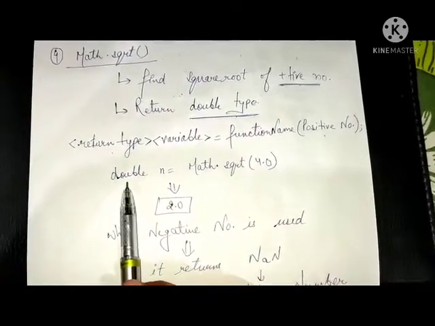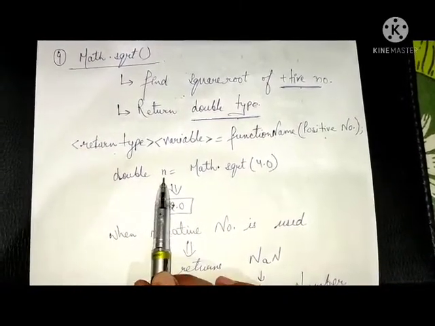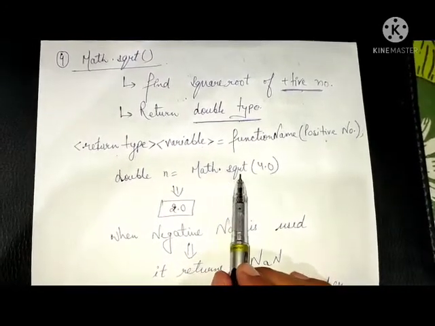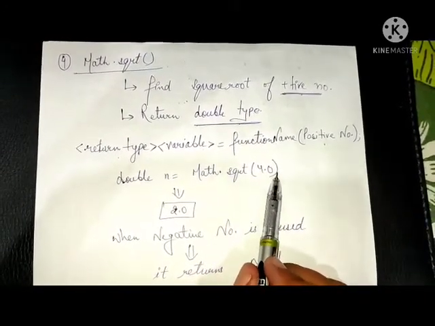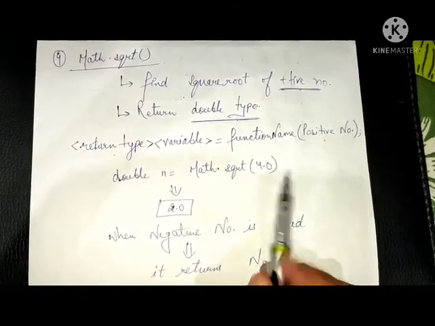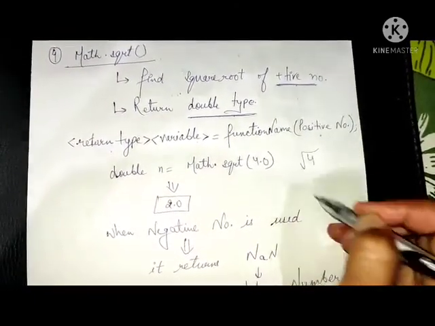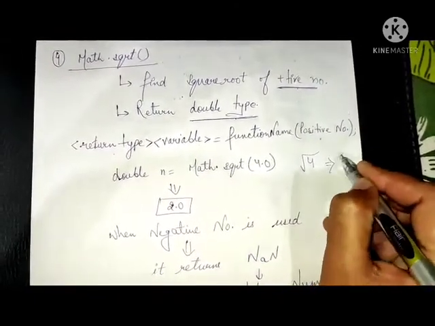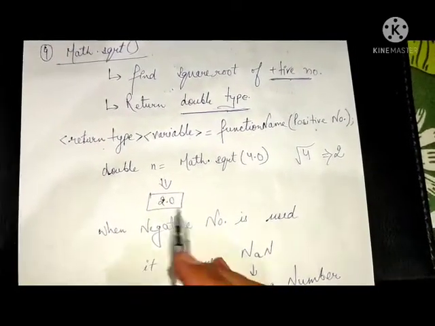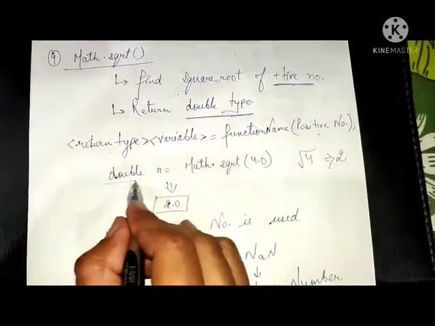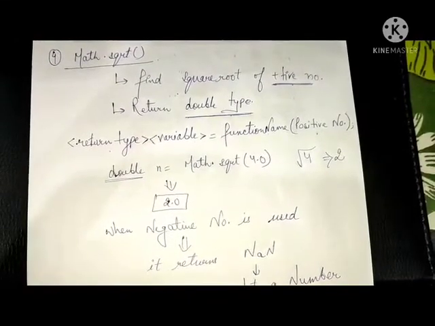Let's take example. Double n is equal to math.sqrt 4.0. So you know what is the square root of 4? That is equal to 2, but it returns 2.0 because of double type.